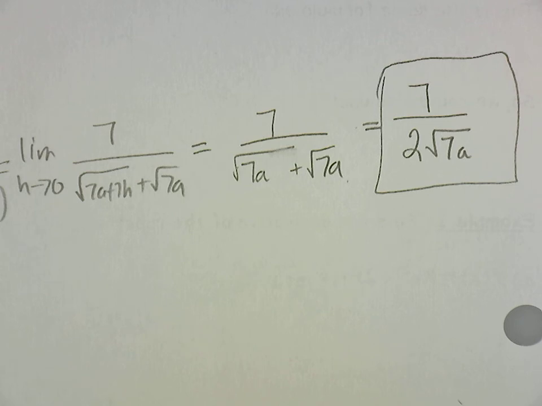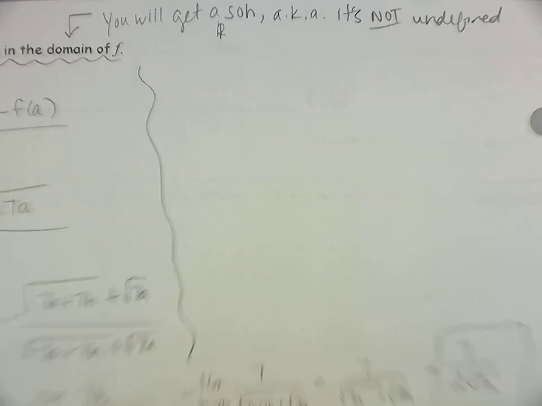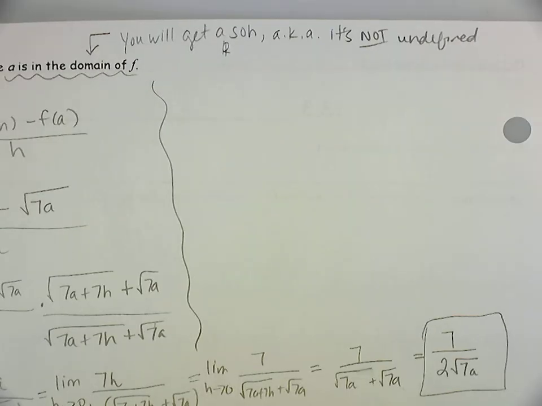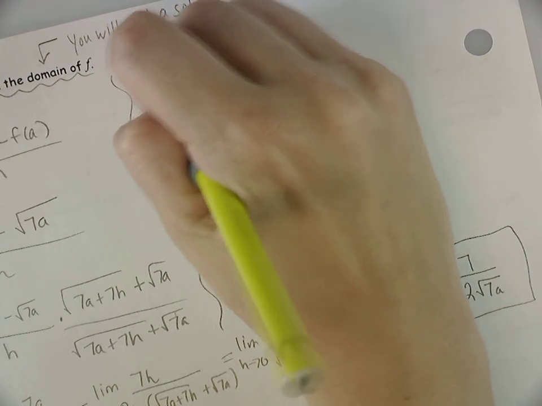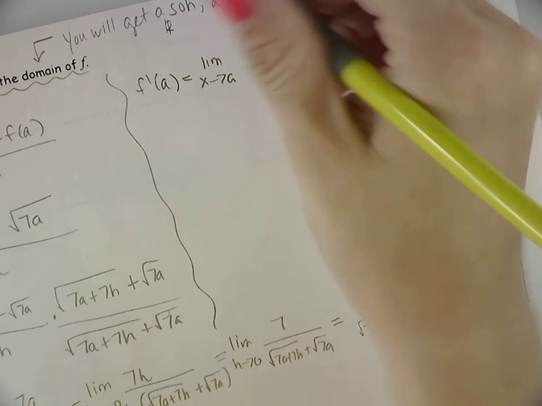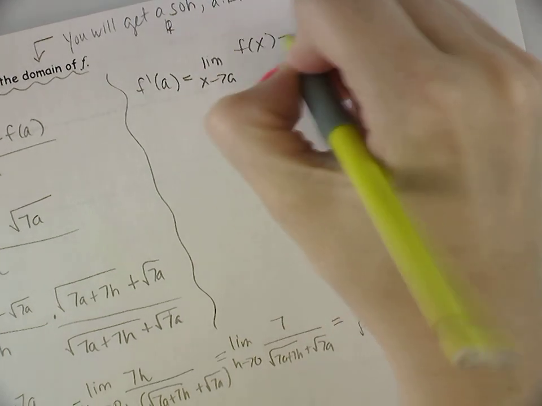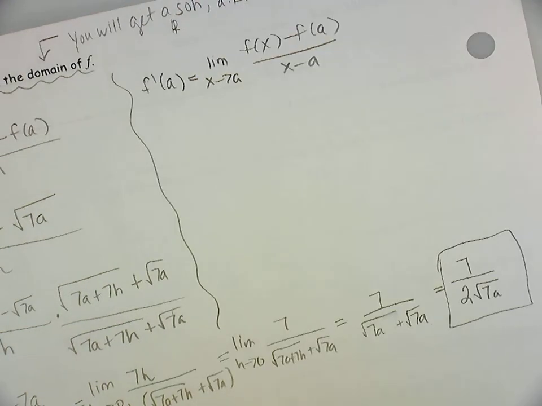Okay, so now we're going to do the same thing, but with the other equation. And if you wanted to do it with the other one, you could. Okay, so let's say I want to find the derivative of f of a, but now I want to use the limit as x goes to a, f of x minus f of a over x minus a.